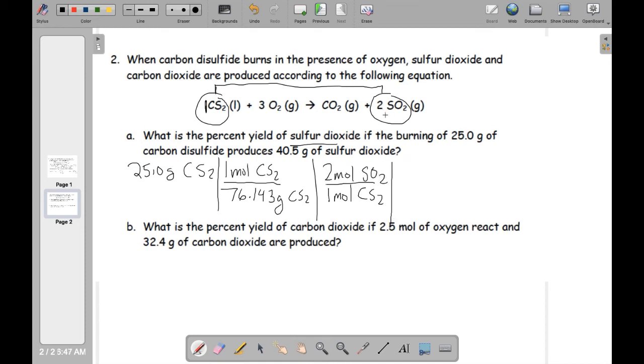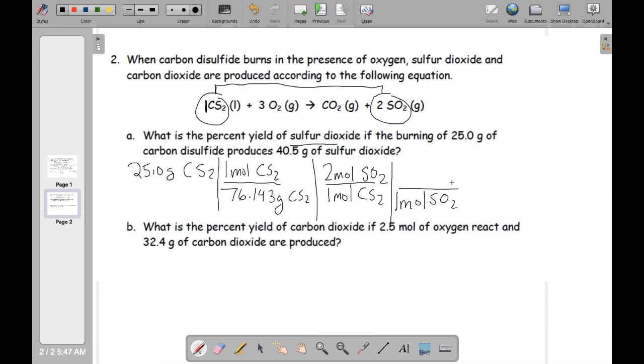Now we need to convert this back into grams to find the theoretical yield. Although this is a gas, so I guess I could do liters, but it doesn't really specify liters here, so I'll just go to grams. 1 mole of sulfur dioxide.